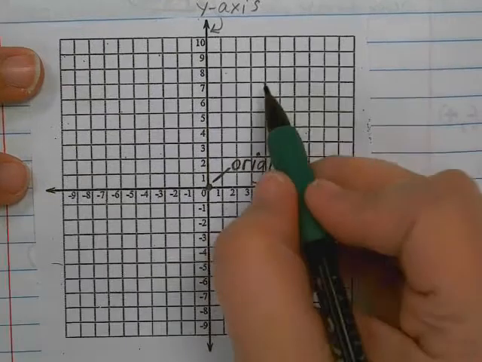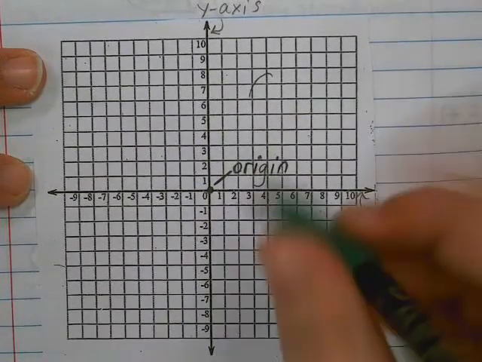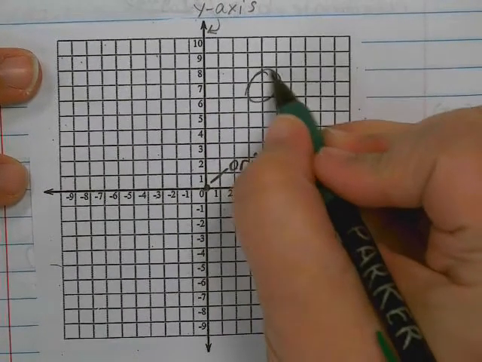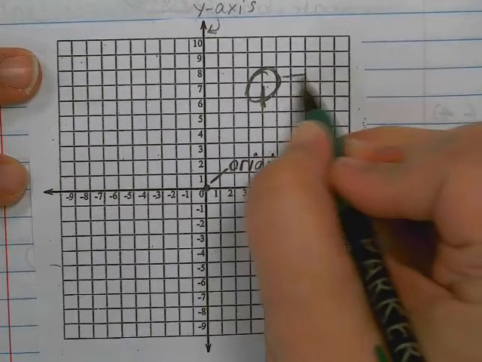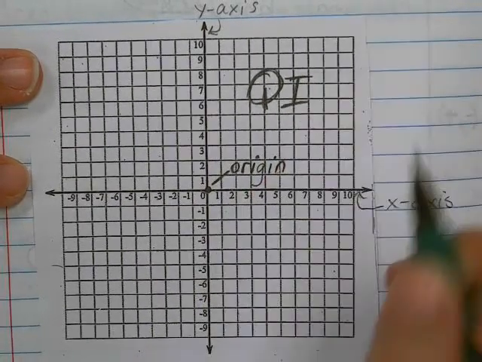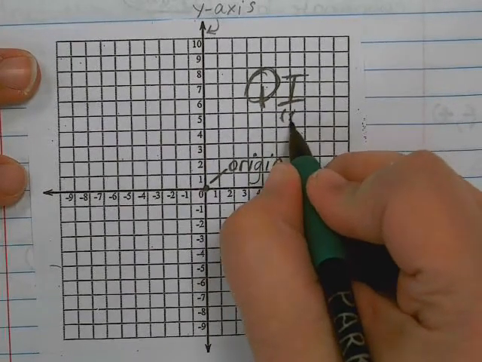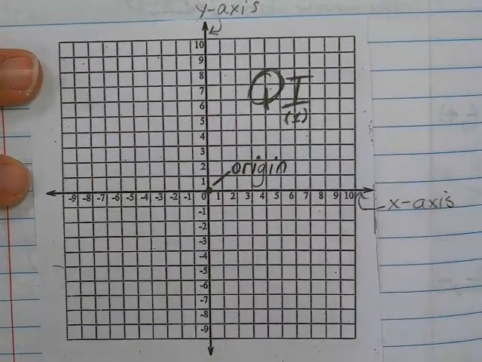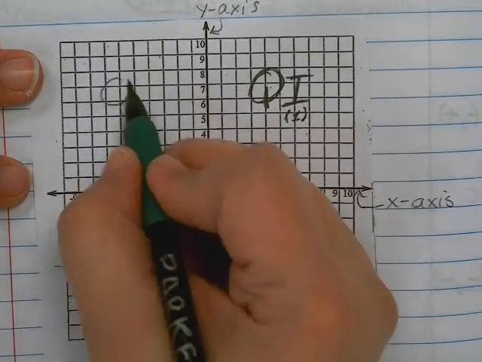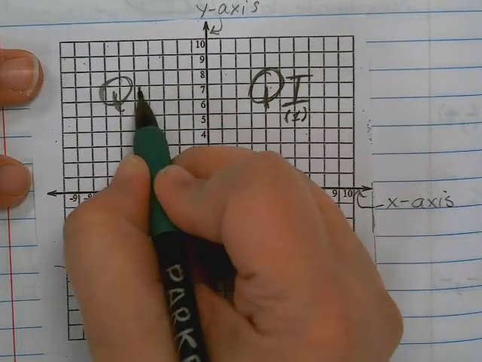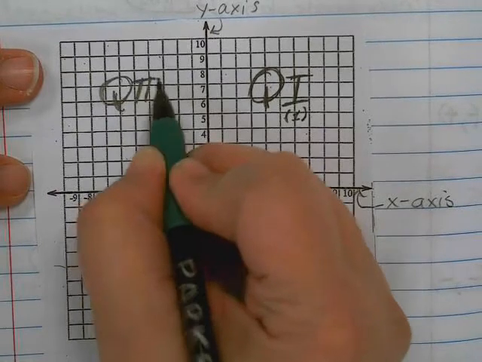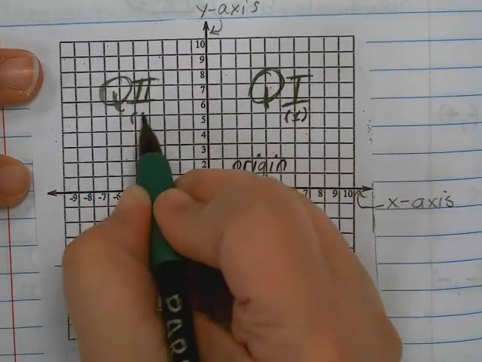We also learned yesterday, and we will get more into this in our lesson today too, that this is quadrant 1. And remember, we note that with a Roman numeral, which is a capital I. I'm going to put a 1 underneath of that for your reference. And it goes backwards. So this is quadrant 2, which is 2 capital I's.